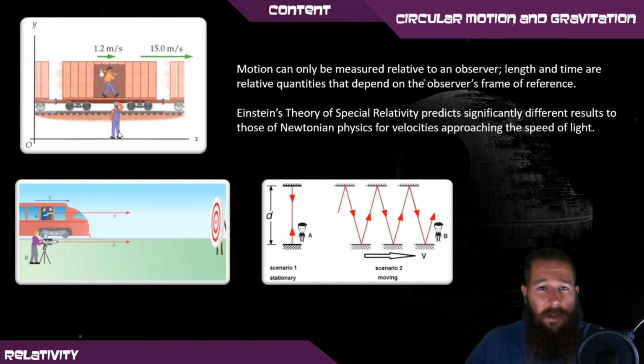Then when they're looking at the actual person inside the train, that person will be moving at 16.2 meters a second. If we look at it from the other point of view, so we're looking at this person's reference frame now, the person on the train, from their point of view they're only moving at 1.2 meters a second.